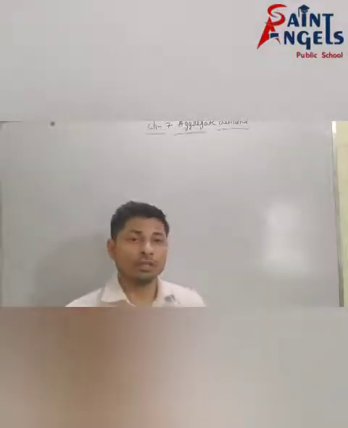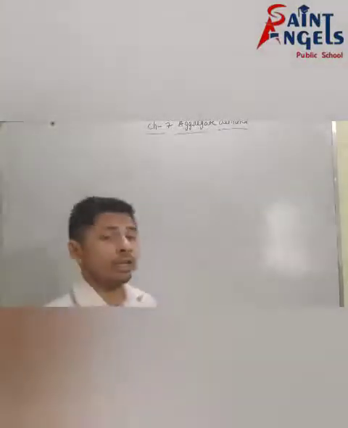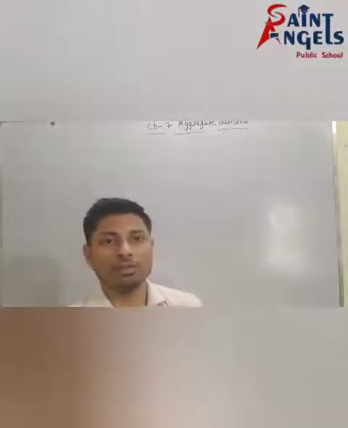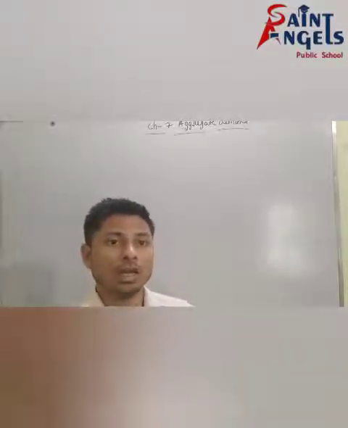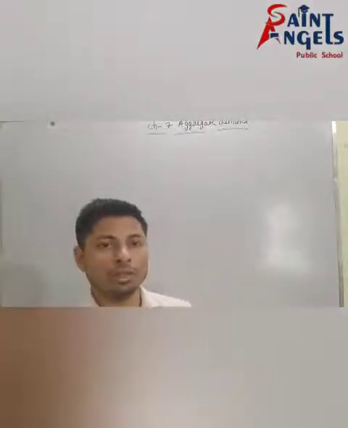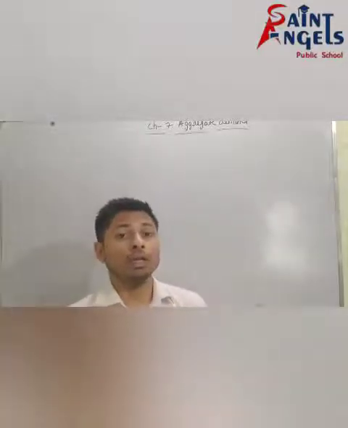Today we are going to discuss again chapter number 7, aggregate demand, from the macroeconomics book. In my previous video we discussed the derivation of the saving curve with the help of the consumption curve. But today we are going to discuss the derivation of the consumption curve with the help of the saving curve.